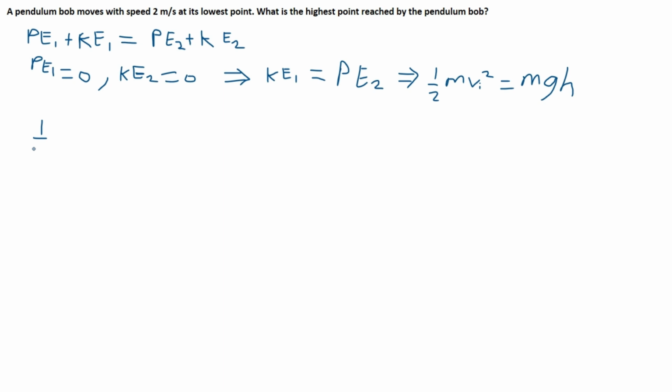By doing so, we're left with 1/2 the velocity squared divided by gravity is equal to its height. So let's plug in the values and solve for our answer.